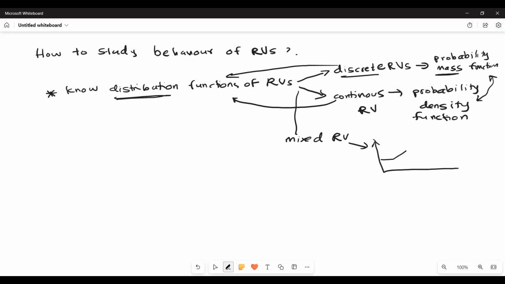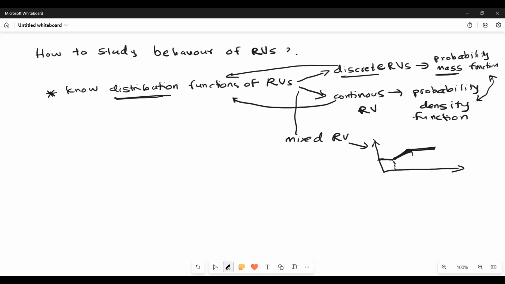It will have some discontinuities at some points, because the mixed random variable contains both the continuous and the discrete distributions.